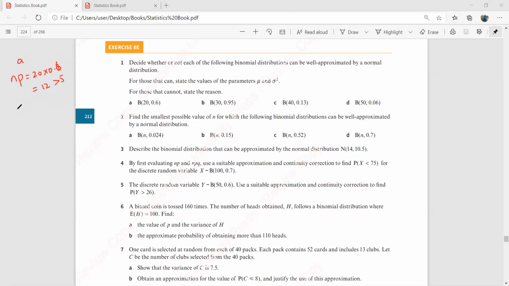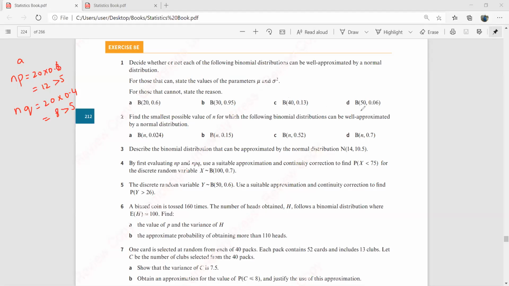So this condition is satisfied. Then you find nq, that is 20 times 0.4, which is 8. So this is also more than 5. So yes, for part A, we can approximate this binomial distribution as a normal distribution, okay?